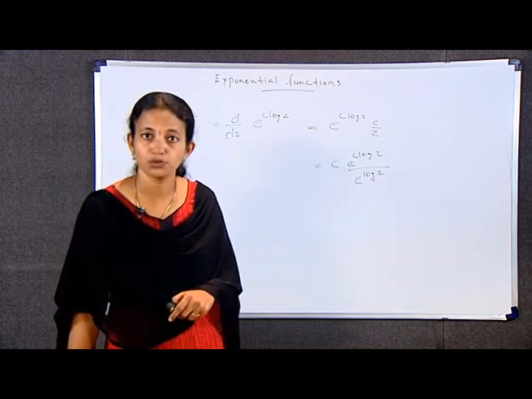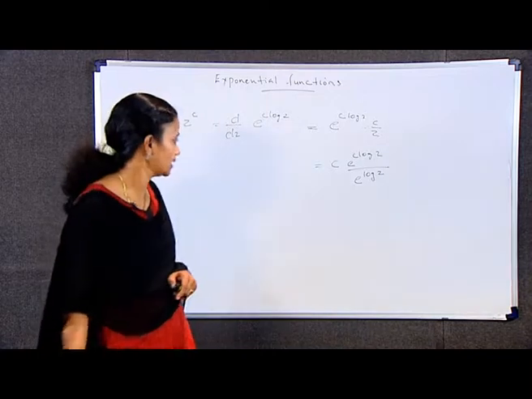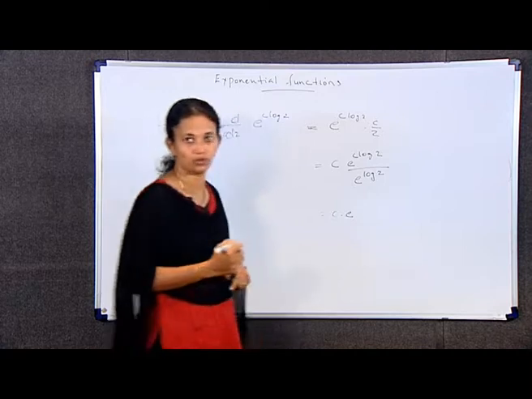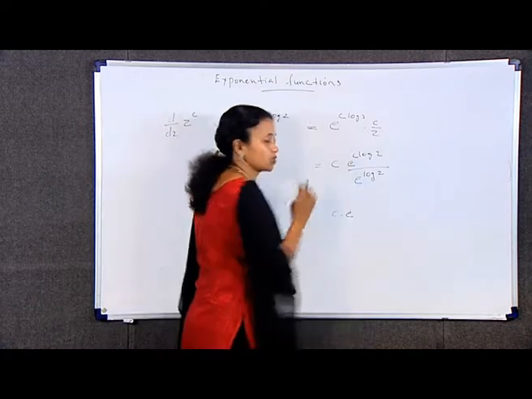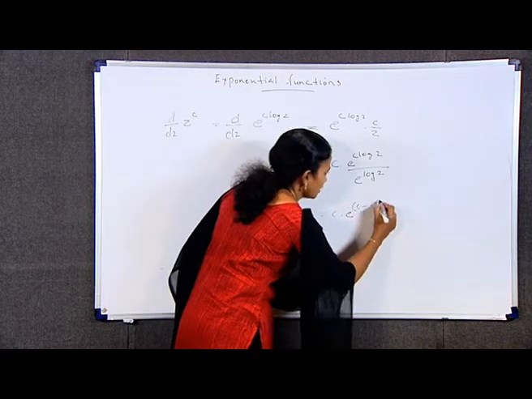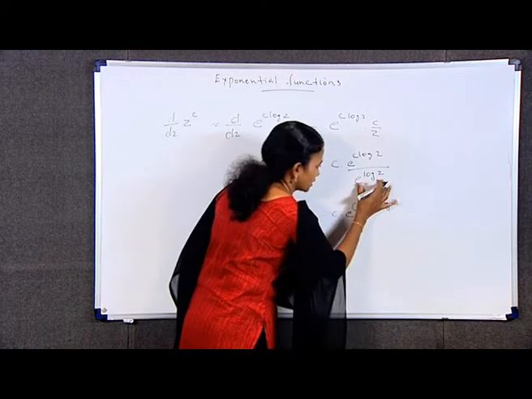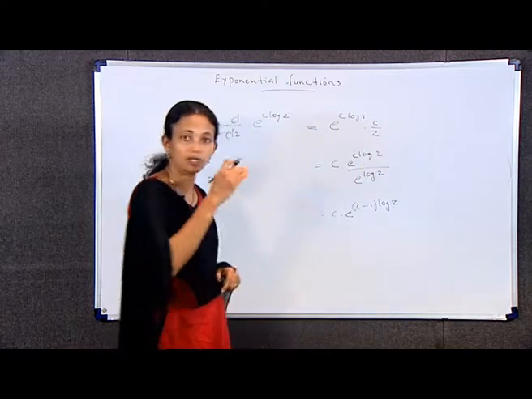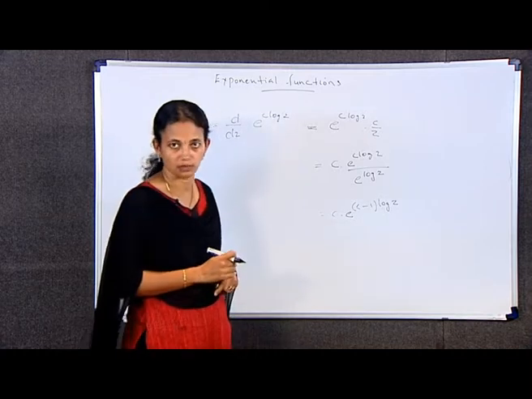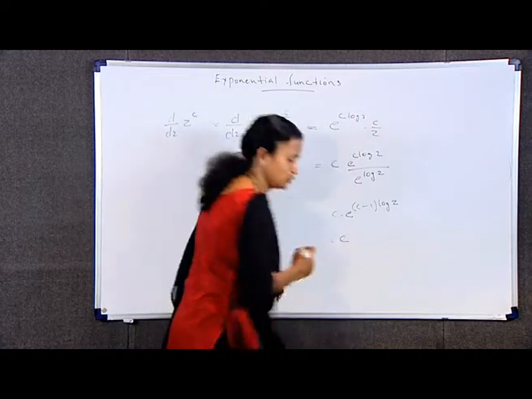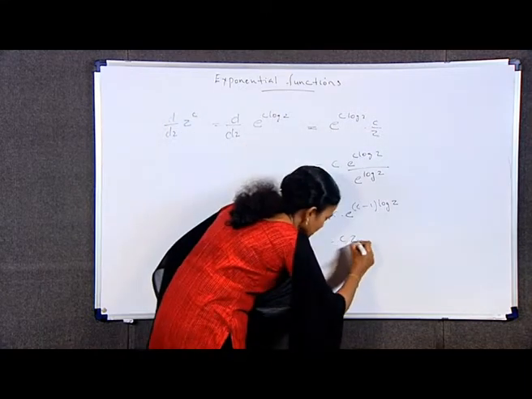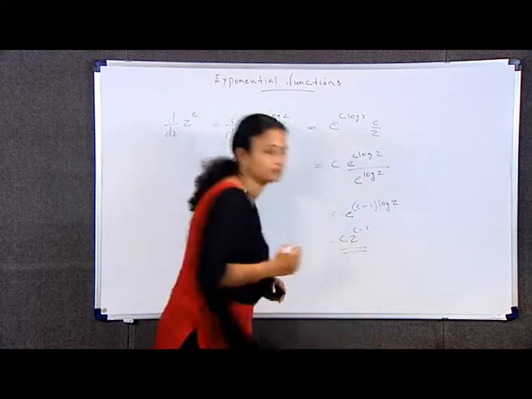Which is equal to c into, I am taking e raised to log z to the numerator, so it becomes e raised to c minus 1 into log z, which is equal to c into z raised to c minus 1.